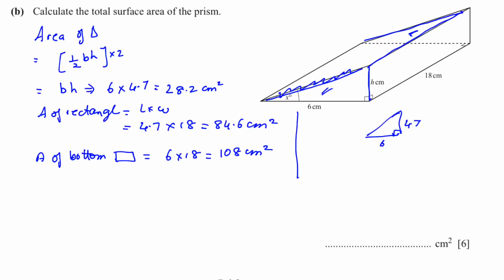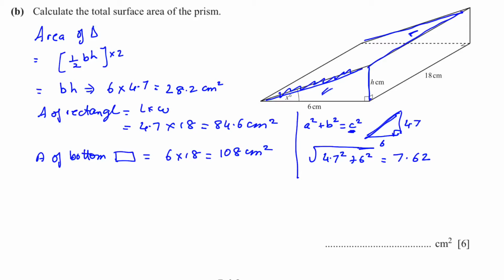To find the hypotenuse, we use the Pythagoras theorem: a square plus b square is equal to c square. C is your hypotenuse. So if you want to find the hypotenuse, you will square root 4.7 square plus 6 square. And we will get 7.62 rounded to 2 decimal places.